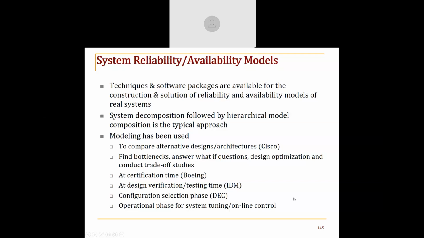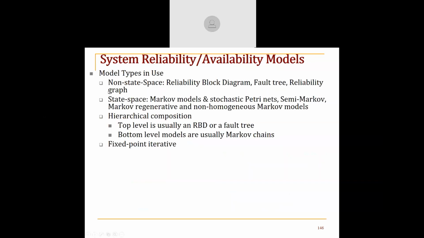software aging and rejuvenation. And the model types that are used: non-state space models, reliability block diagram, fault trees, and reliability graph; state space-wise Markov models and stochastic Petri nets, but we can go to semi-Markovs, Markov regenerative and non-homogeneous Markov models if required. Hierarchical composition, top level usually RBD or fault tree.